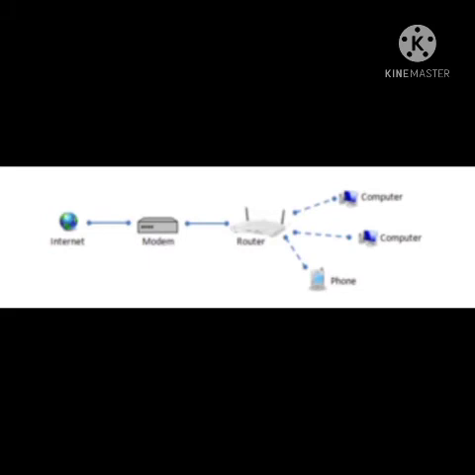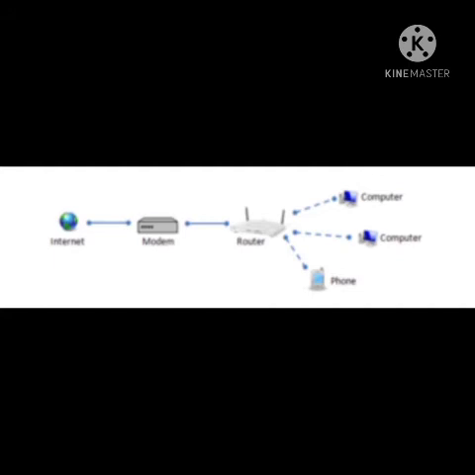If you have one computer connecting to the internet, you may not need a router. But if you have several computers, then you need a router. So a router creates a network and allows multiple devices to connect to this network.